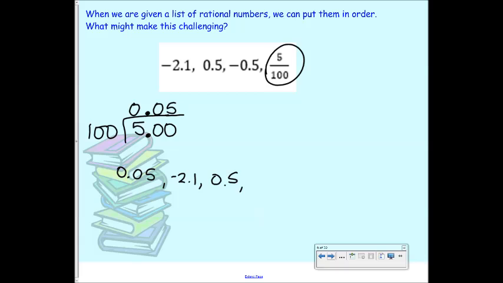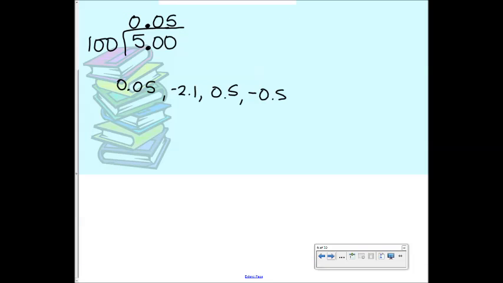Can you say that one more time? Because that's really important, because people get it wrong. Because it's a smaller number, but when it's negative, it's opposite. Yeah. So the biggest number is going to be like the least. Very good. So if these were positive numbers, 0.5 would be smaller, right? But because they're negatives, it's the opposite. So then our actual smallest number is negative 2.1.